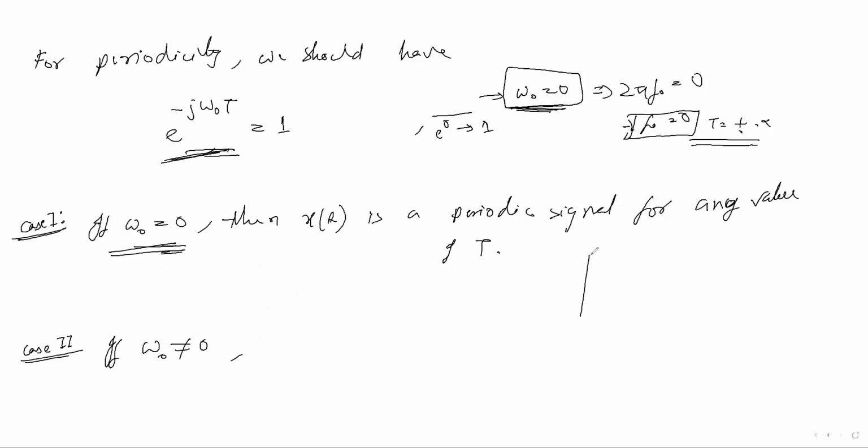Let me explain first. What is the equation for e to the power j omega naught t? This is cos omega naught t, plus or minus, if there is minus then it will be minus, or if there is plus then it will be plus, j sine omega naught t.